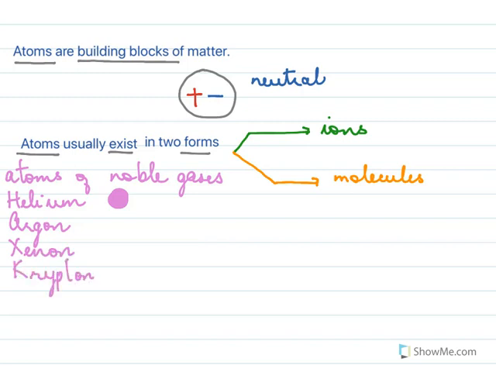These are noble gases, and all these atoms just exist on their own. They all exist as a single atom. But all the other atoms usually exist as ions or as molecules. Now we'll go in detail and find out what are ions.